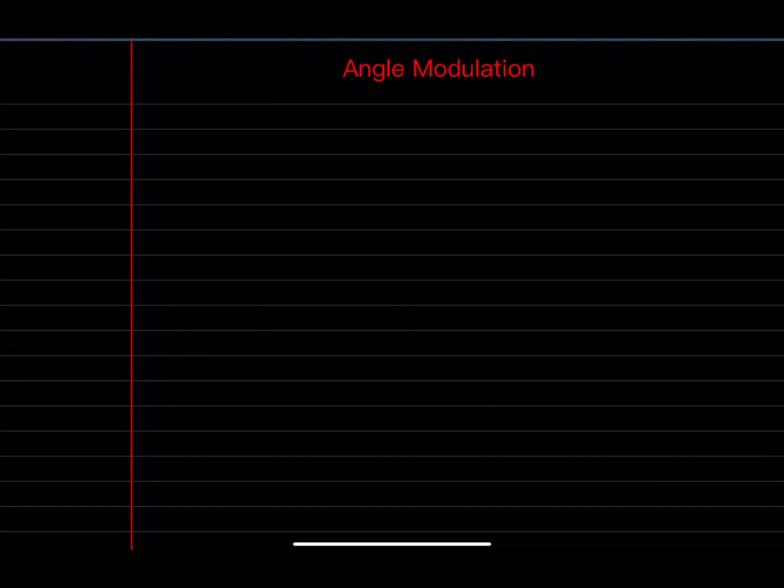So basically, the combination of phase modulation and frequency modulation is what we refer to as angle modulation. So the standard equation for angle modulation is S of t equal to Ac cos of theta i of t, where theta i of t is the cos parameter, right?